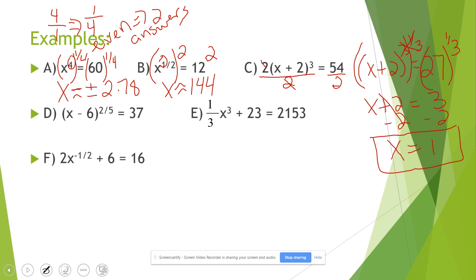Letter D. I'm going to change colors here. So we have parentheses and exponents. The exponents have to go away first. 2 is an even number. So that means when I do my exponent, I'm going to have two answers, plus or minus.